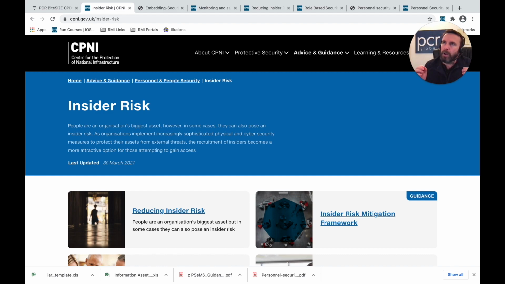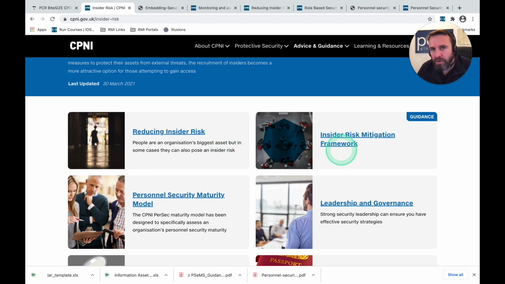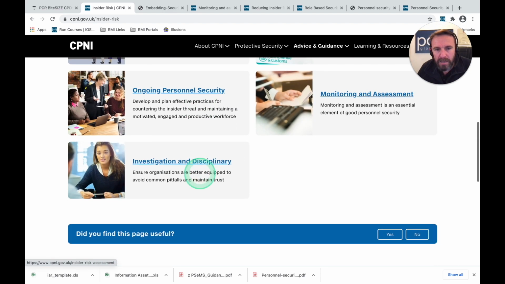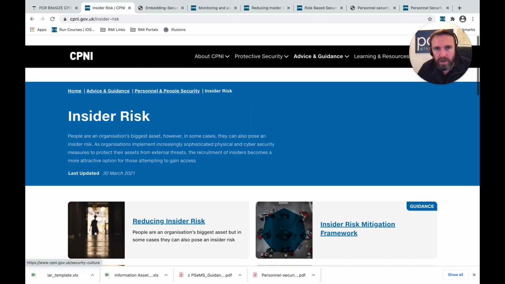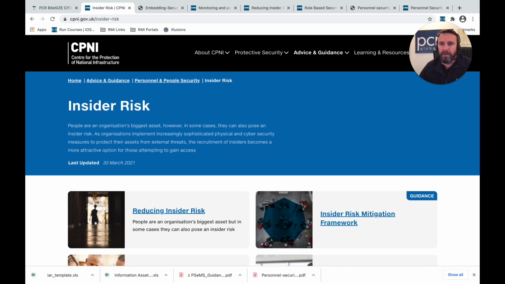We also looked at how the CPNI focus quite a lot on intent, whereas when we think of it in a wider context, it could just be negligence, and these could be accidents, it could be tired personnel, of course. We have an insider risk mitigation framework, personnel security maturity, which we'll come on to in a moment. But yes, look at all this fantastic information that we have in here. If you're not familiar with the website, yep, you really, really should be.